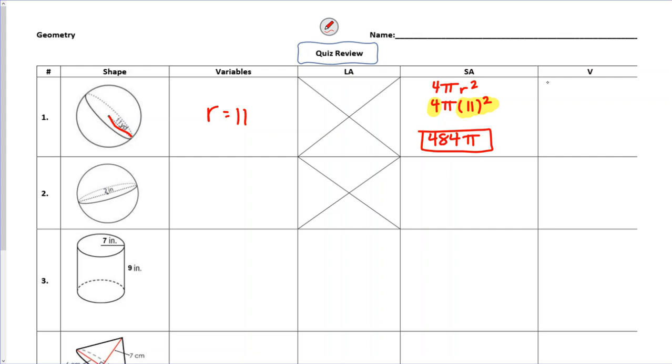And let's move on to volume. Volume is 4 over 3 pi r to the third. There's our formula. We know what r is. Let's plug that in. 4 over 3 pi times 11 to the third. Now that we've plugged it in, we can go to Desmos, but we're going to skip the pi.